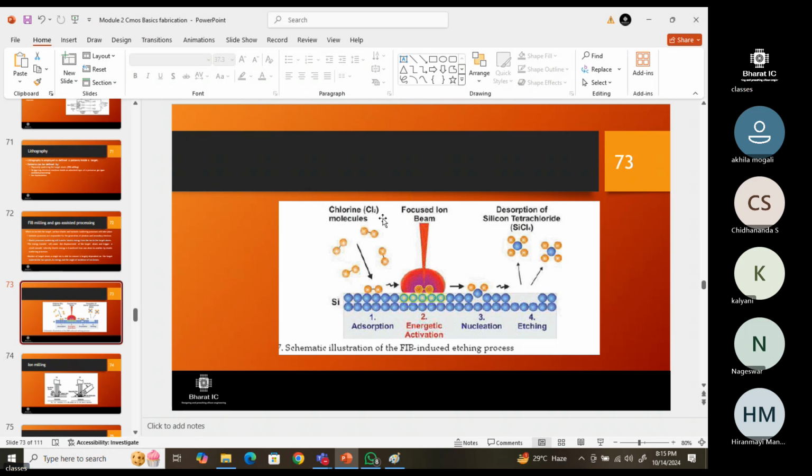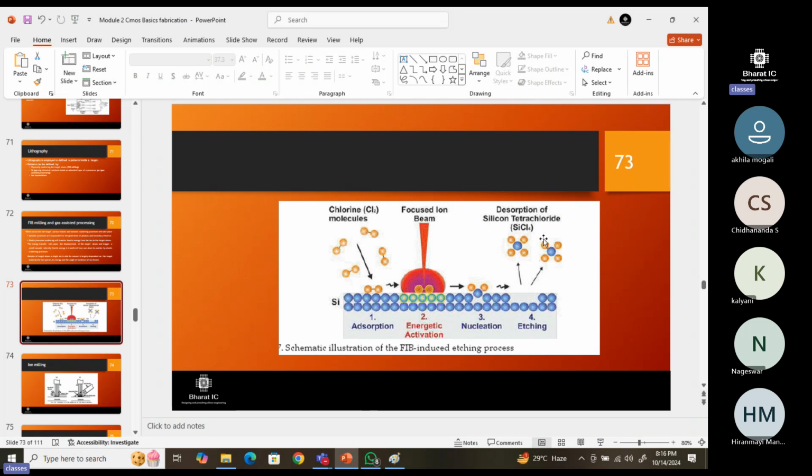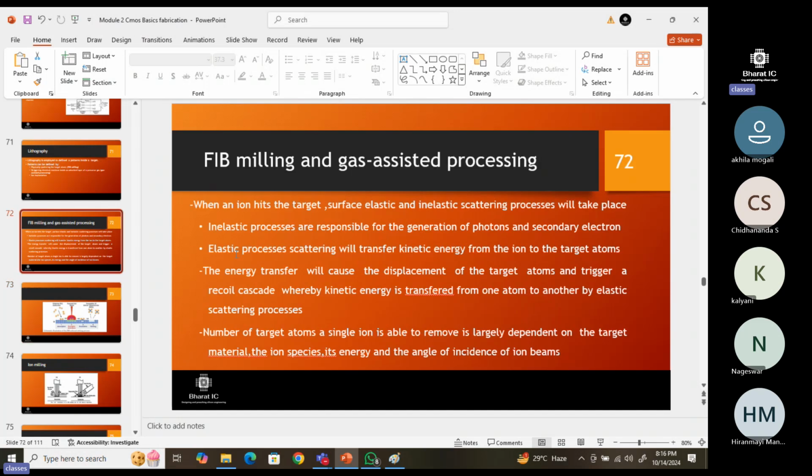Okay, this is how the focused ion beam milling process actually happens, and the gas assisted processing. This is how the process actually works at this level. Okay, so if you get to know this diagram, then many of the concepts will get clear here. So if you see here, inelastic process, inelasticity, you might have read in 11th physics, I think.